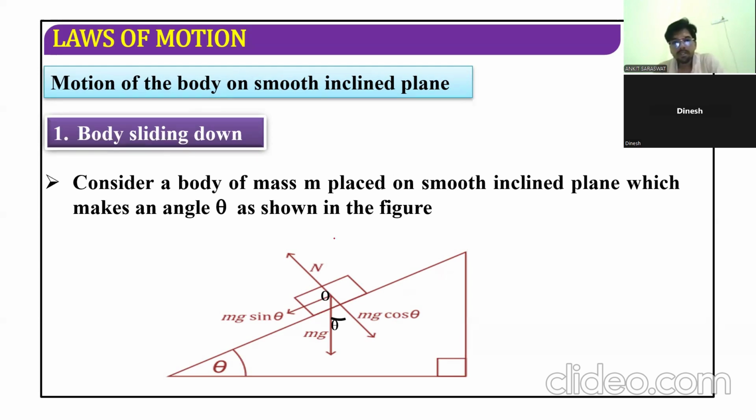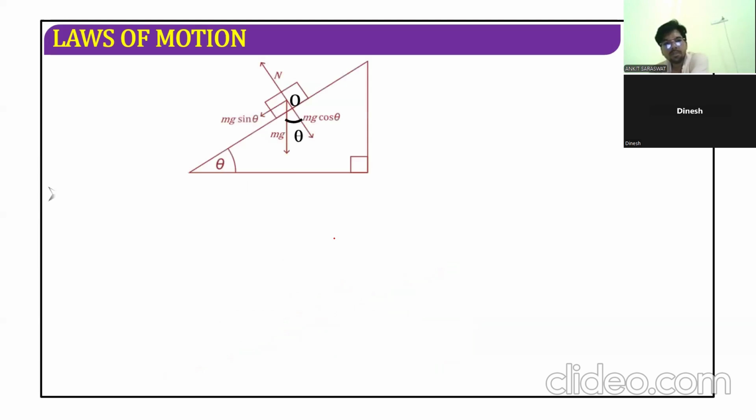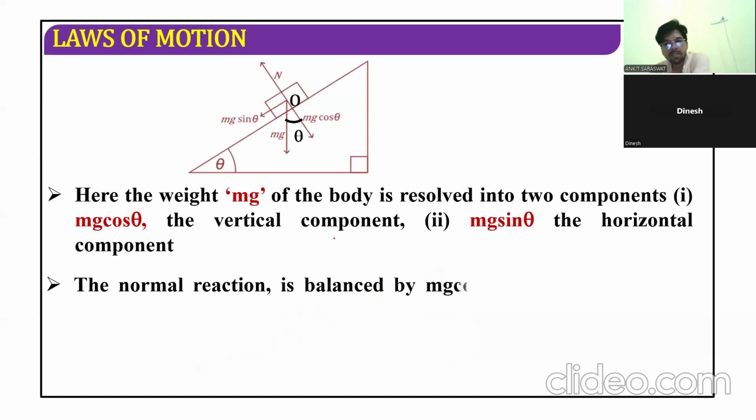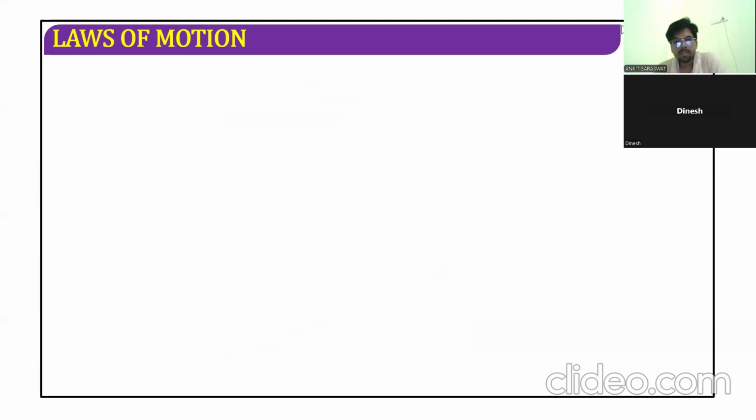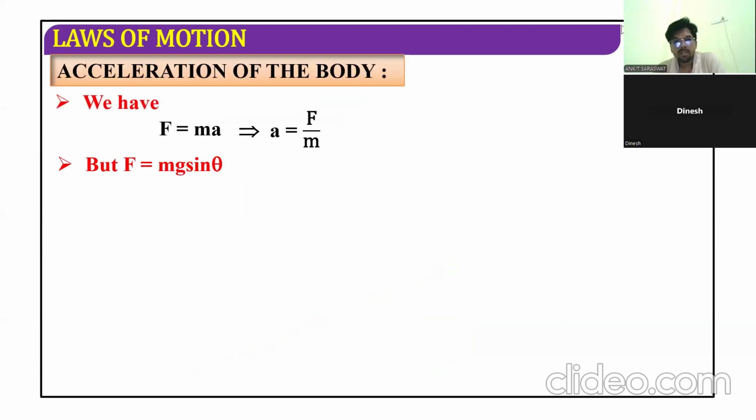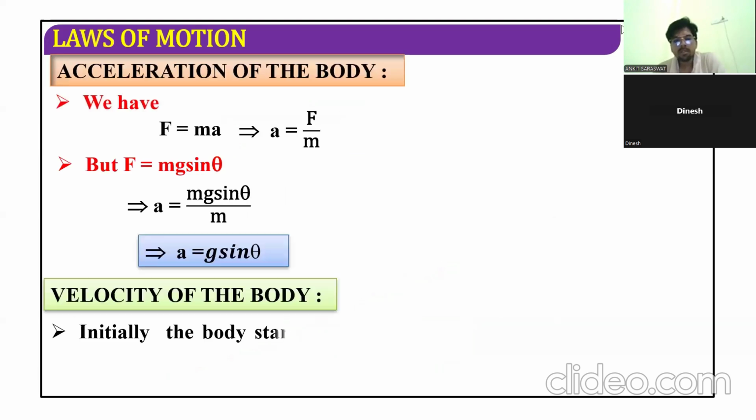Okay. So consider the motion of the body on a smooth inclined plane. Smooth means you can say frictionless. That is a simple question.